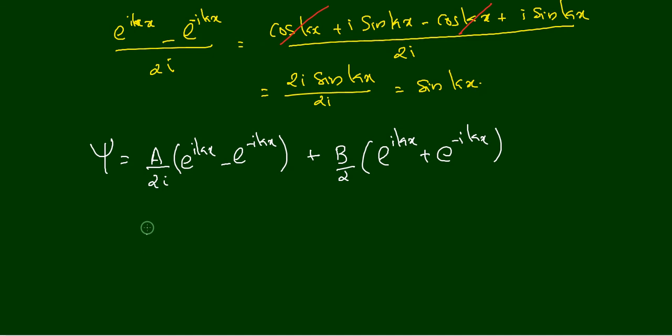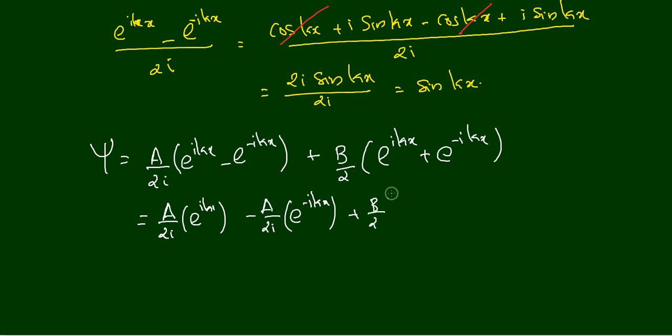Now I can write that psi is equal to a divided by 2i e raised to ikx minus a divided by 2i e raised to minus ikx plus b by 2 into e raised to ikx plus b by 2 into e raised to minus ikx.